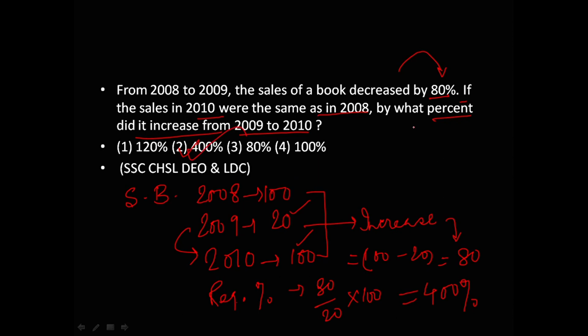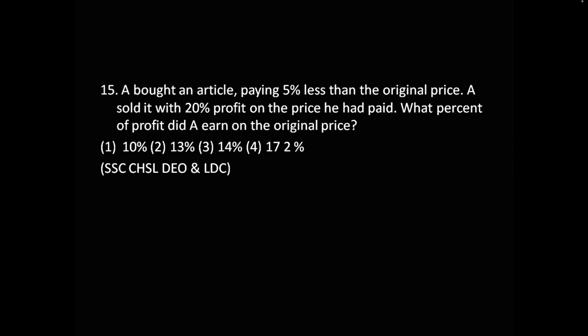So the next one: A bought an article paying 5% less than the original price. A sold it with 20% profit on the price he had paid. What percent of profit did A earn on the original price?